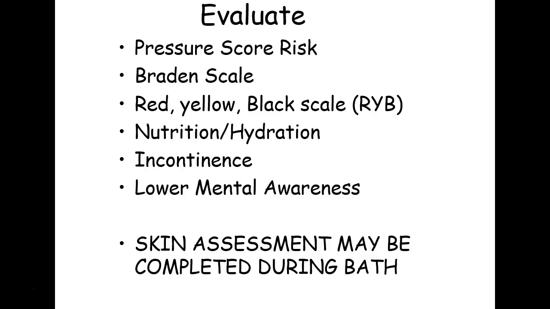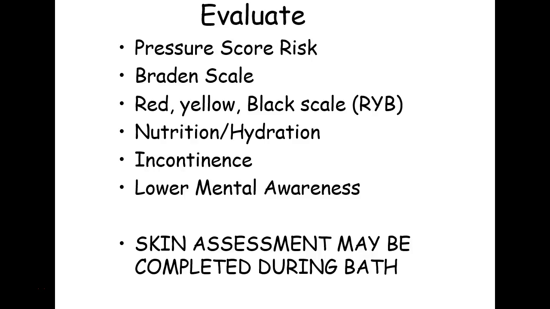Now, one of the things that we use to evaluate skin integrity is called the Braden scale. We also use a pressure score risk indicator. So we use our Braden scale to tell us if we have a person at risk, and on page 290, they have that Braden scale for predicting pressure sore risk.